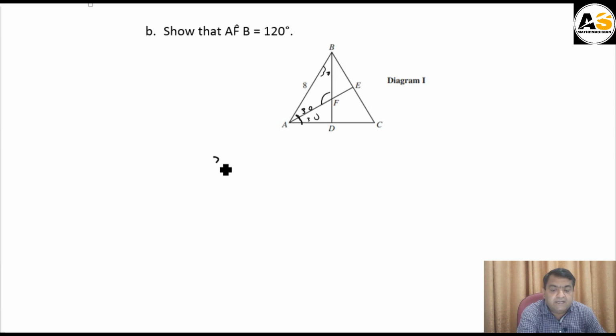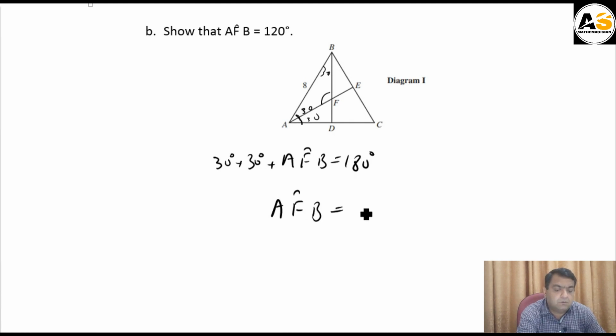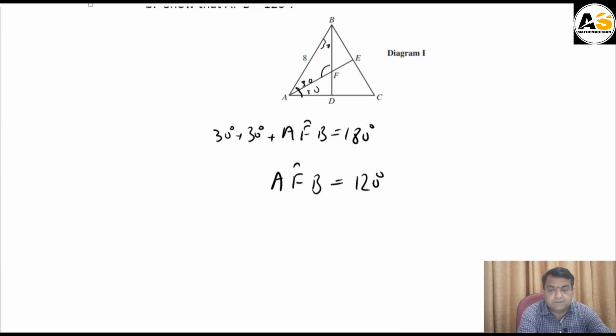So 30 degrees plus 30 degrees plus angle AFB is equal to 180. Angle AFB is equal to 180 minus 60, this is 120 degrees. This was the second part of this question.